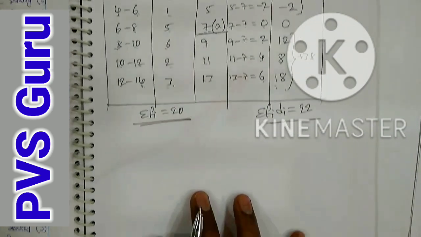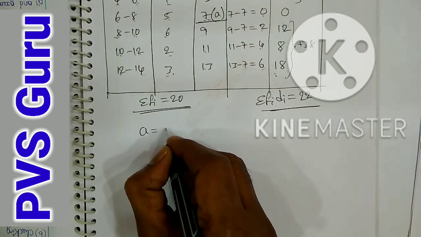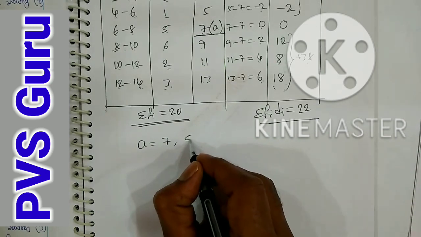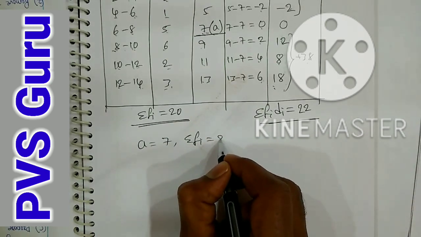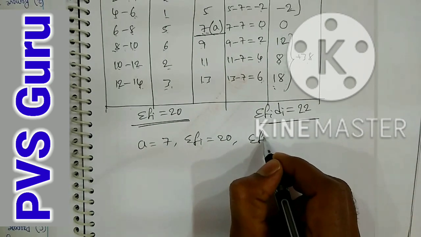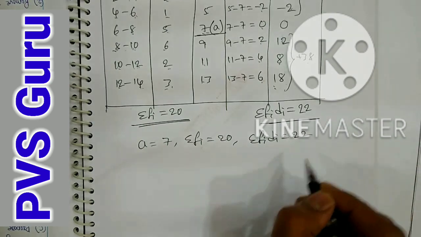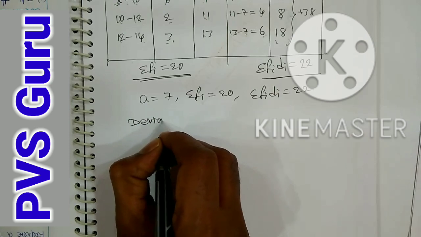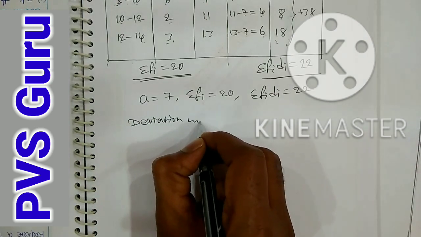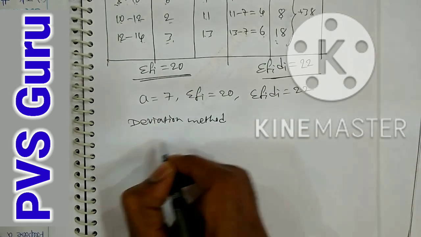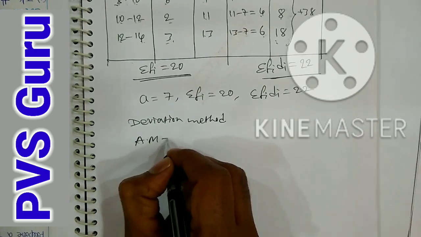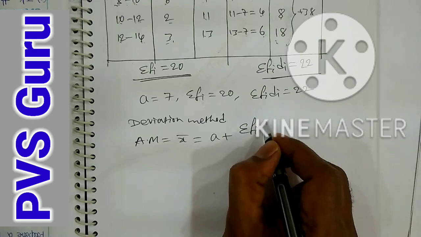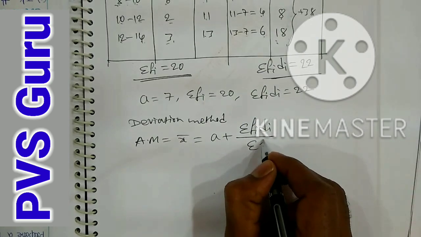Now we have the values: A is equal to 7, which we assumed, sigma Fi is 20, and sigma Fi di is 22. Now write the formula for the deviation method, the second method. You should always remember: arithmetic mean x bar is equal to A plus sigma Fi di by sigma Fi.